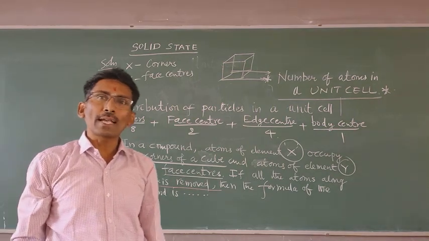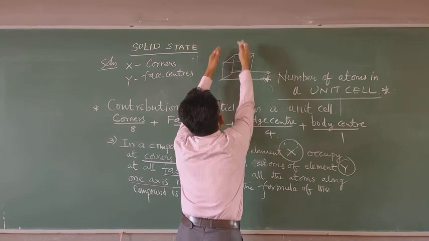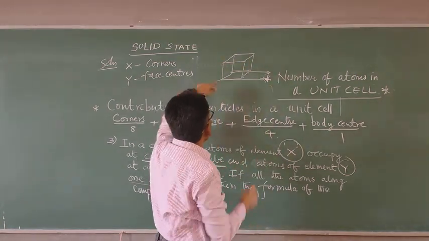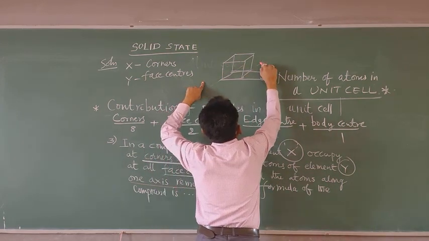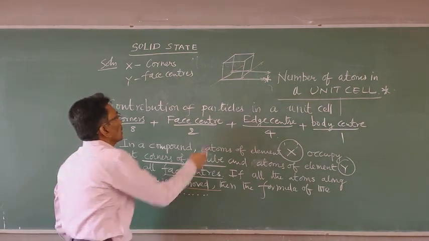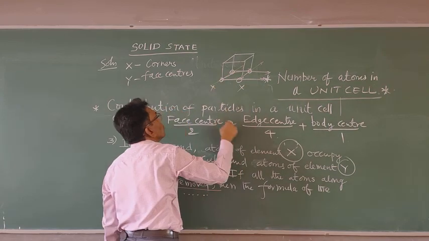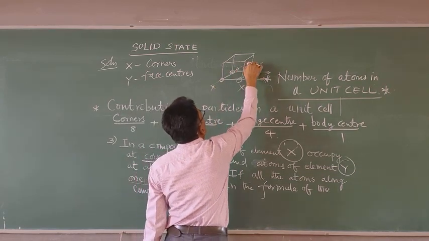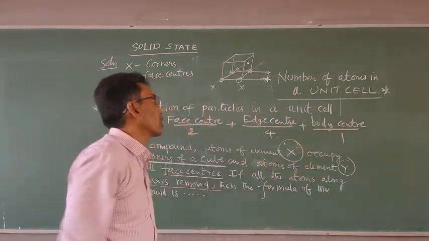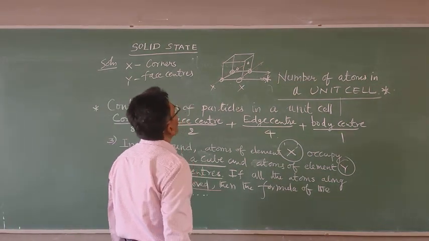So therefore, three axes: X, Y, Z. This is X, this is Y, and what is going on here is Z. Along one axis, these four particles are removed, and this face center and that face center are also removed. Two faces removed and four corners removed. Correct? Yes, that's all.